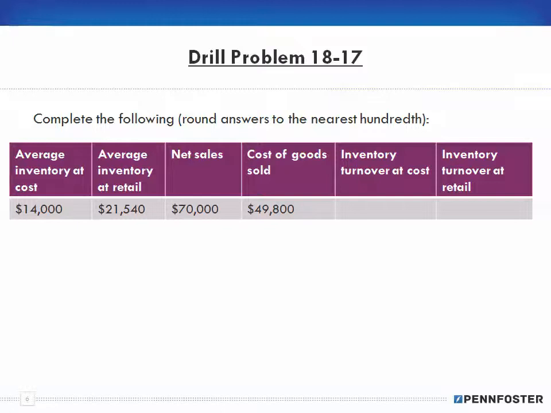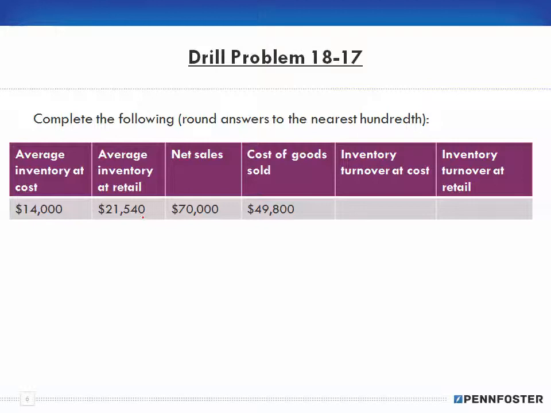All right, here's 17. It says complete the following, round your answers to the nearest hundredth. So we have average inventory at cost is 14,000. Average inventory at retail is 21,540.